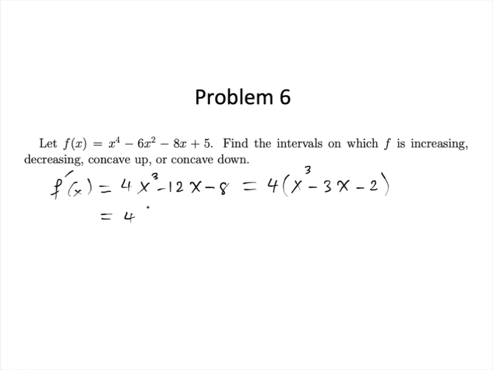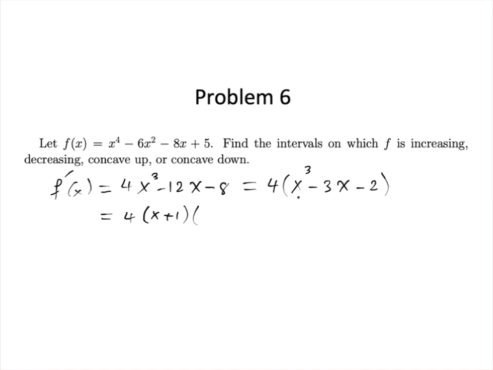So x plus 1 is a factor by the factor theorem. And now we need to figure out a quadratic polynomial that if you multiply it by x plus 1, you will get x cubed minus 3x minus 2. And this you can do by long division, or you can do it this way.